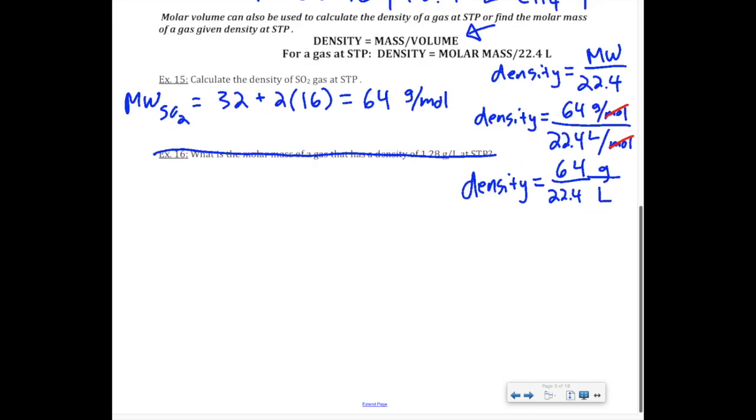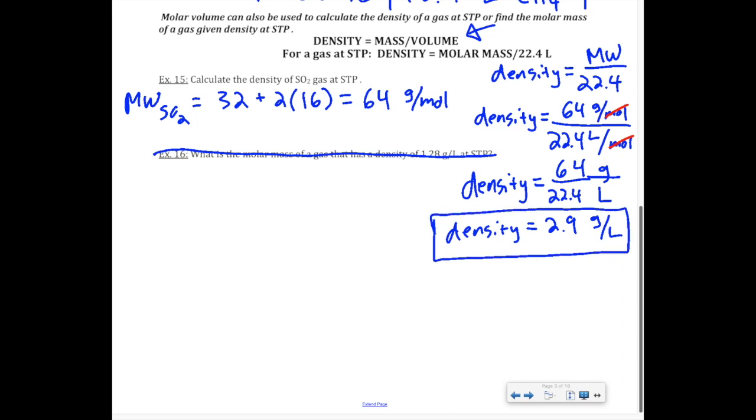Awesome. It is the mass divided by volume. So I end up with my density as 22.9 grams per liter, and that's my answer. So really, you just have to take the molecular weight and divide by 22.4, and you find your answer.